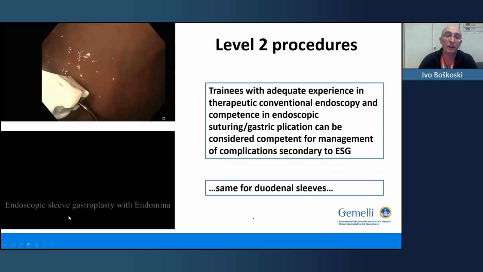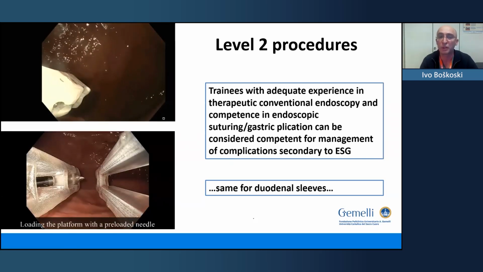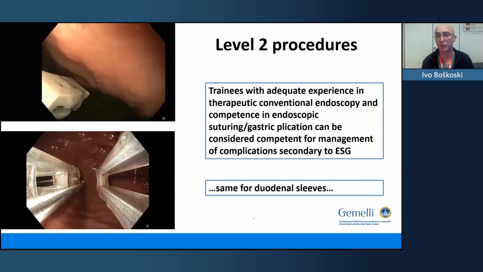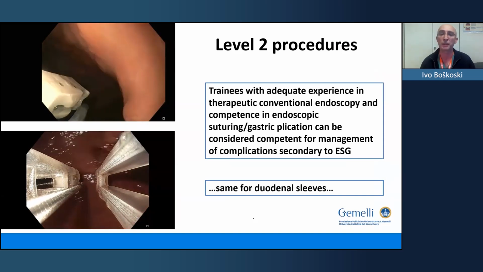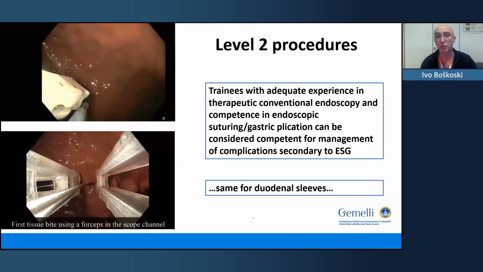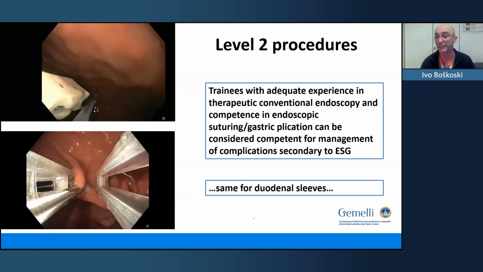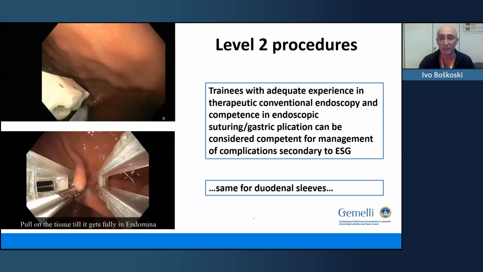For level 2, these are only some of the procedures. Trainees with adequate experience in therapeutic conventional endoscopy and competence in endoscopic suturing or gas applications can be considered competent for the management of complications during the procedures or just afterwards. This is the same for all kinds of duodenal sleeves.